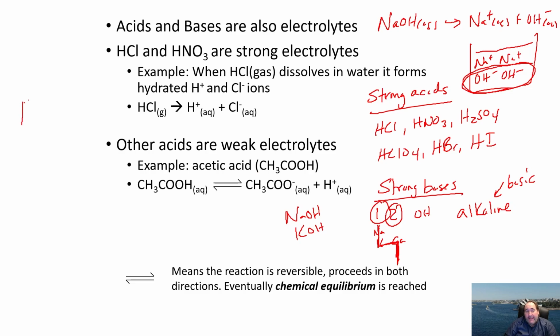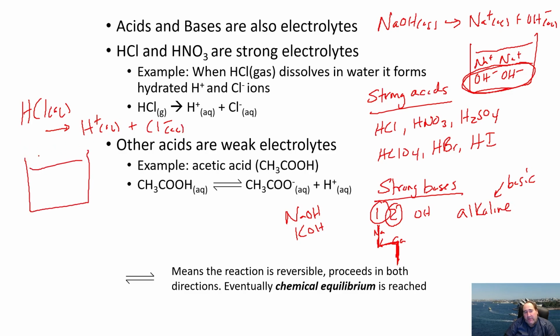Just like hydrochloric acid, when it's in solution, will 100% break apart into H plus and Cl minus. That means when you have a solution of hydrochloric acid, you have a bunch of H pluses and some Cl minuses. The definition of an acid is something that has the ability to produce free H plus.